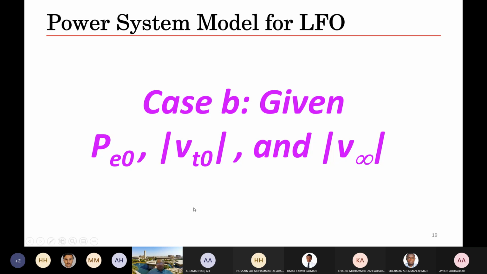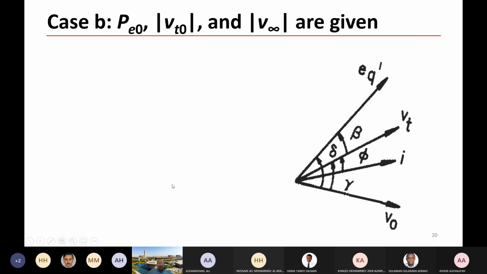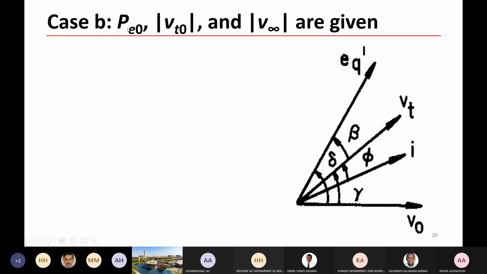This is the second case, which I don't want to stress. Time is limited. But you have VT, the terminal voltage, and V infinity given. We can define all these angles: beta between VT and EQ prime, the phase angle between voltage and current, delta angle between V infinity and EQ prime, and gamma between VT and V0.